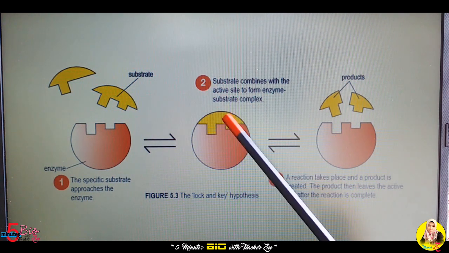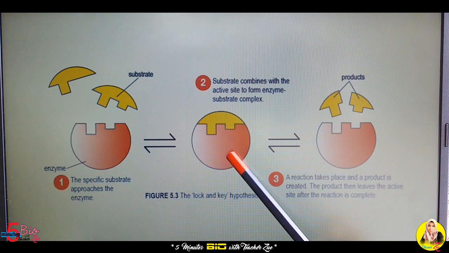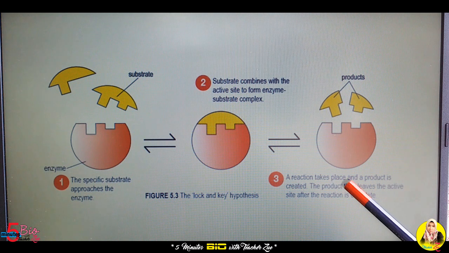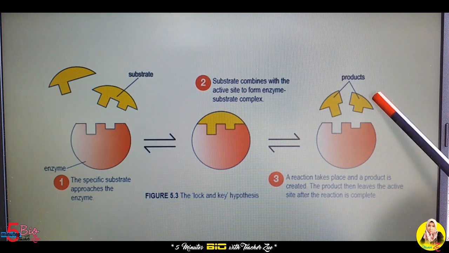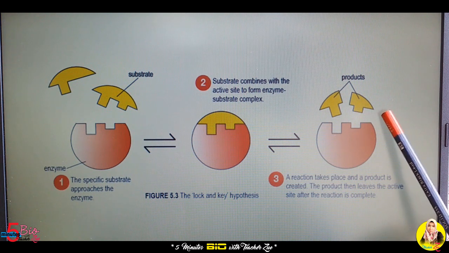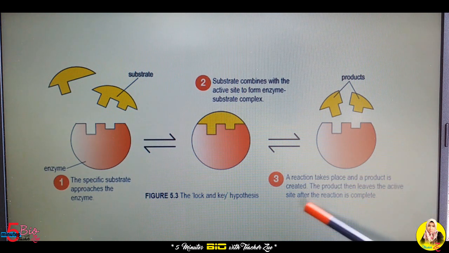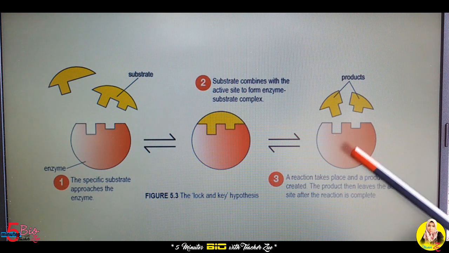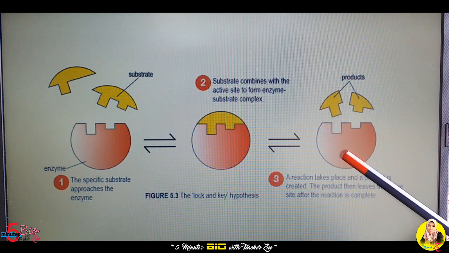The substrate combines with the active site of the enzyme. Then a reaction takes place and produces two products. The substrate separates into two products. The products then leave the active site after the reaction is complete, then the enzyme can be reused.